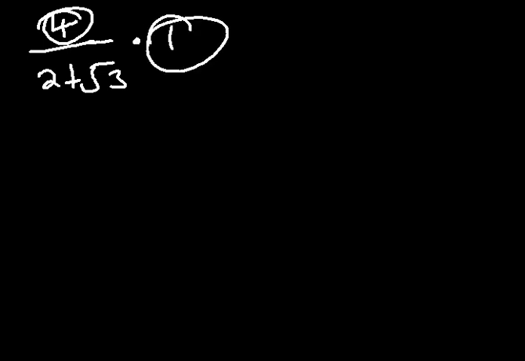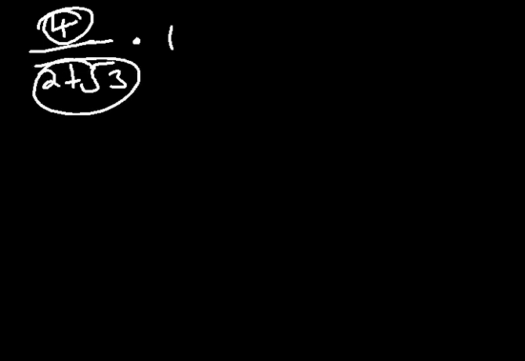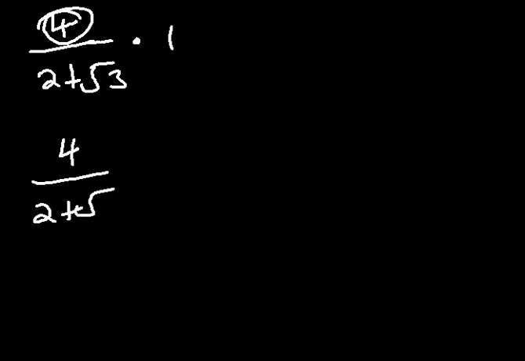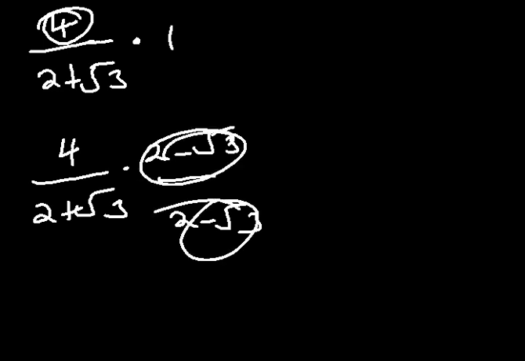That is the same as that, where 1 corresponds to the conjugate of the denominator over itself. So what is the conjugate of the denominator? We'll have 4 divided by 2 plus the square root of 3, times 2 minus the square root of 3 divided by 2 minus the square root of 3. So this is the conjugate of the denominator.